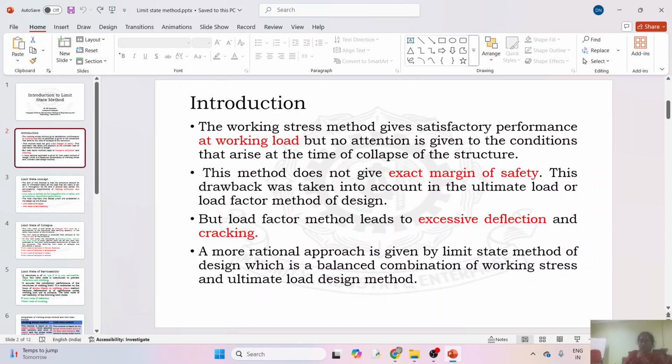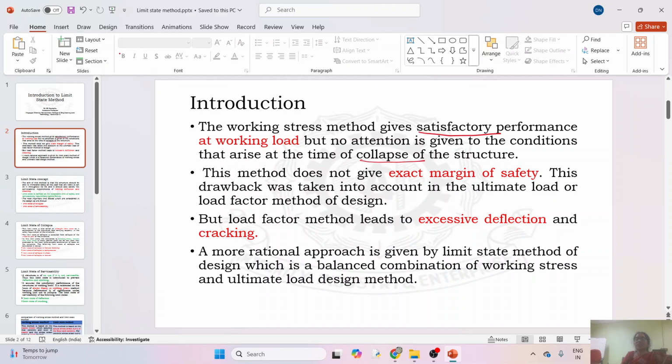Introduction. Working stress method gives a satisfactory performance at the working loads, but no attention is given to the conditions that arise at the time of collapse of the structures.